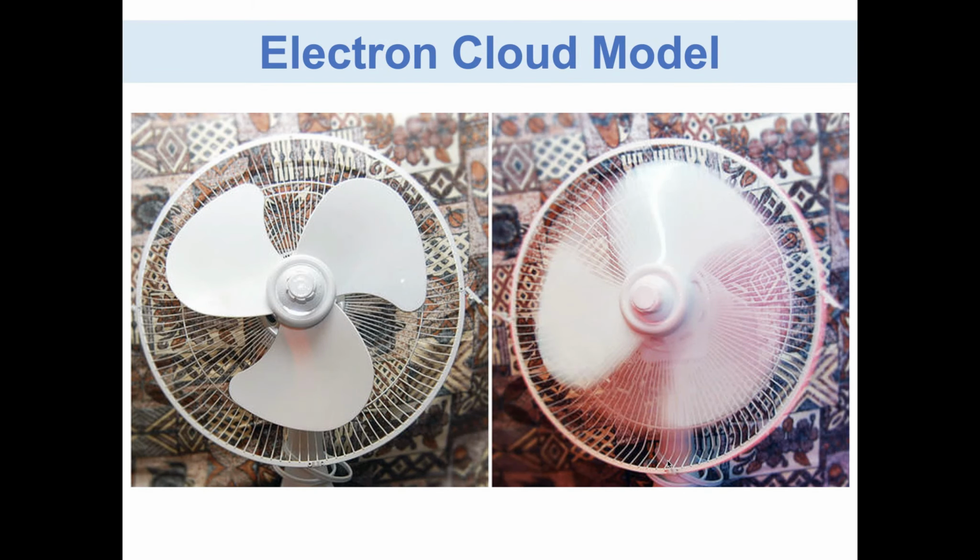Now, this cloud model is a little hard to describe, and so I'll give you a couple of analogies. One, if you think about this fan blade on the left, if it's not moving, we know exactly where those blades are located. But when we turn them on and they're moving quickly, just like electrons are moving extremely quickly at the speed of light, you can't pinpoint the location.